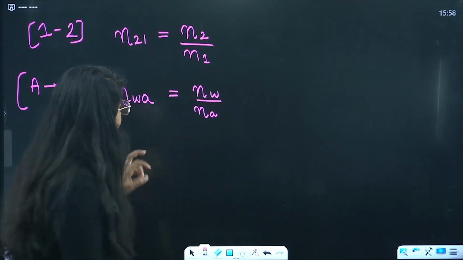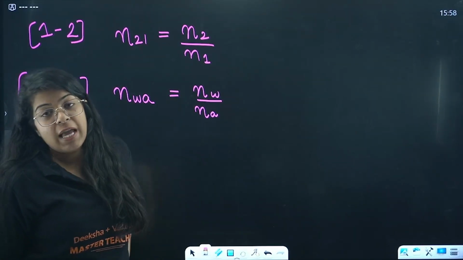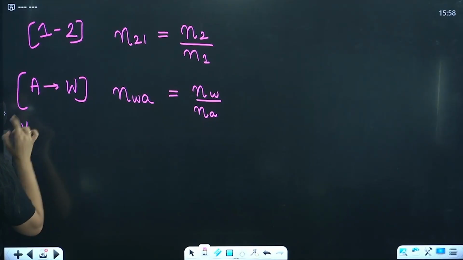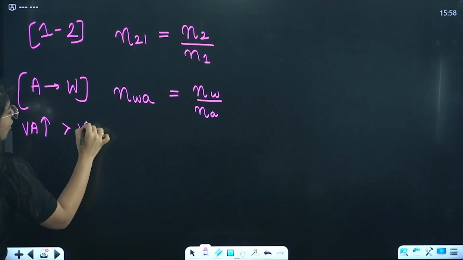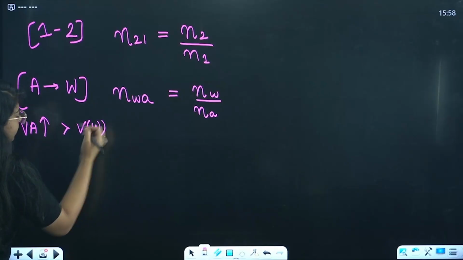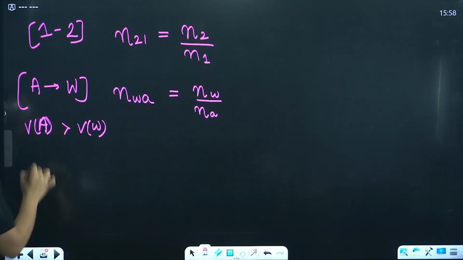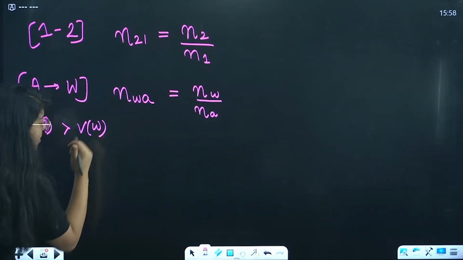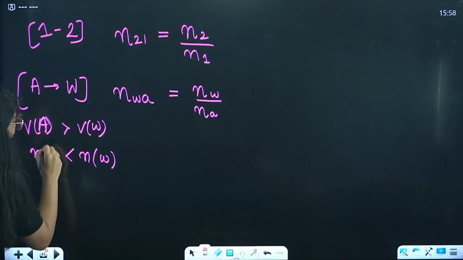Okay. Now, I told you velocity is inversely proportional. That means the velocity of light in air will be more than the velocity of light in water, but we know water is denser, so refractive index of water will be more than refractive index of air.